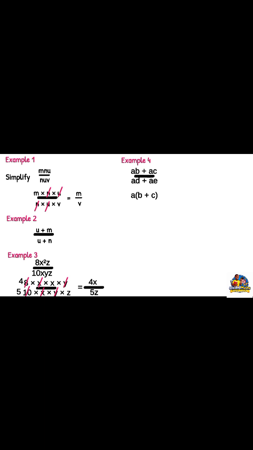So it's going to be A into brackets B plus C. Denominator, what is common? A also is common. Bring the A out. That one will remain D, plus AE, also will remain E. Then A cancels A. So we are left with B plus C over D plus E. Okay, that's the answer.